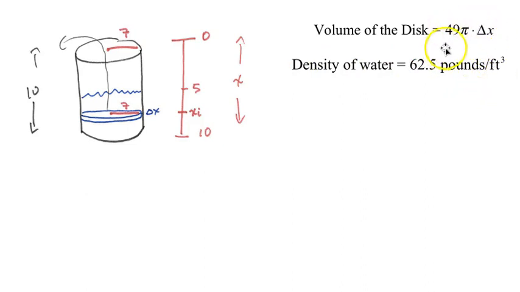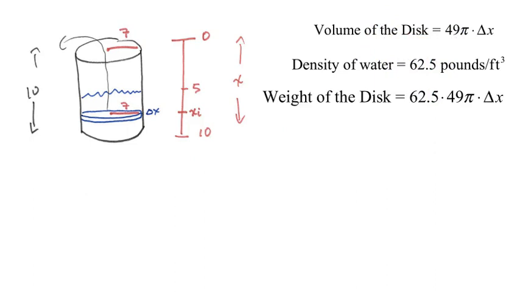What I have here is in cubic feet. So we can convert from volume to weight. So the weight of the disk will be the density in pounds per cubic foot times the number of cubic feet. So the weight of that disk is 62.5 times 49 pi times change in x. Density times volume is the weight.